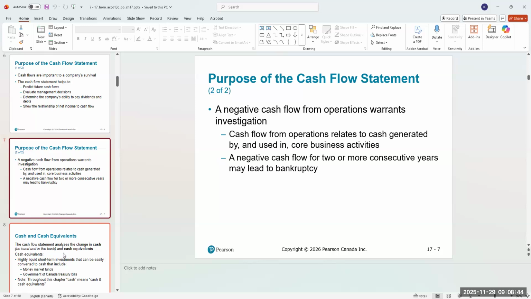Now, transfer this to government spending. As you can see, all the governments around the globe right now are running on negative cash flow statements.